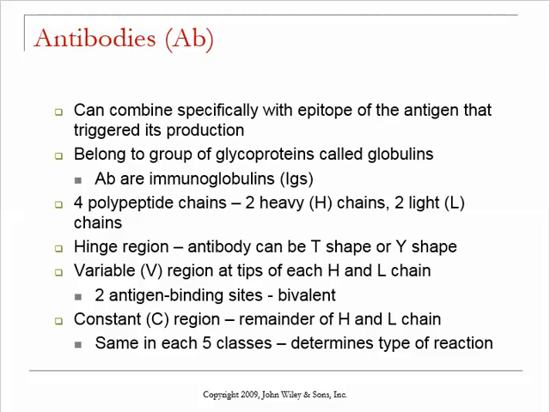But it's important to realize that they are made on rough ER. They are just proteins, and rough ER is where proteins get made. If you remember back to physiology and translation, transcription, protein synthesis, it takes endoplasmic reticulum with ribosomes on it to make these proteins for export, to be outside the cell.